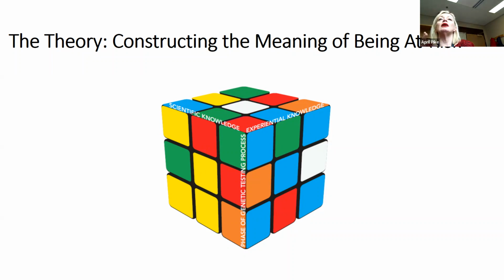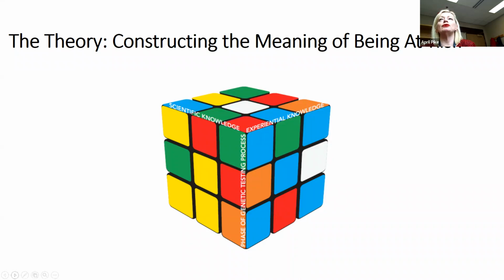And then this final axis was the phase of the genetic testing process: pre, during, or post. Because I had people that were entering it, people who were actually in it, and people who were post and reflecting back on their experience. Most of the people I had were actually reflecting back on their experience.